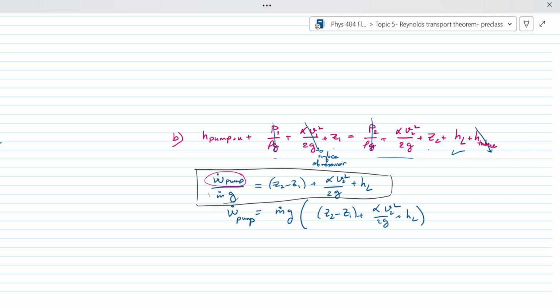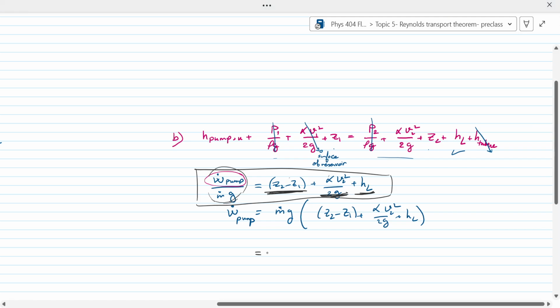The pump is giving some kind of energy in order to adjust the height of my liquid, adjust the speed of my liquid, and account for whatever irreversible losses we have. So these are three types of energies that are accounted for by my pump. The pump is my input, which will actually give these three outputs.